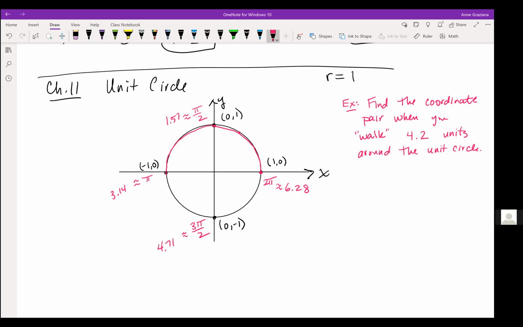So someone tell me where to stop, okay? I'm going to stop just short of 4.71, so about there approximately, okay?